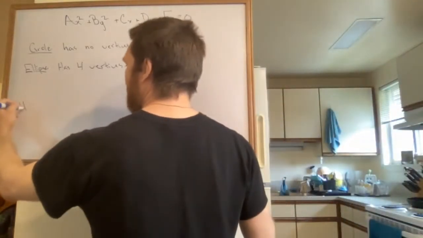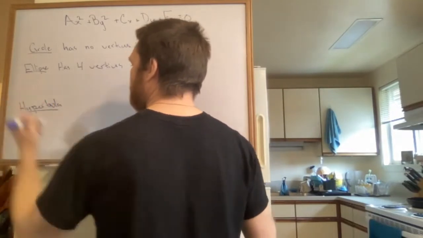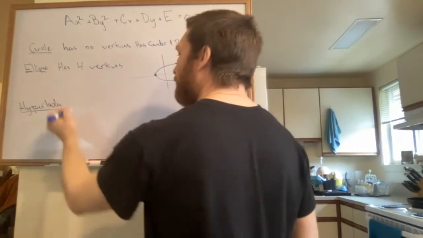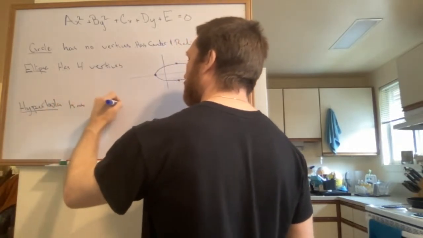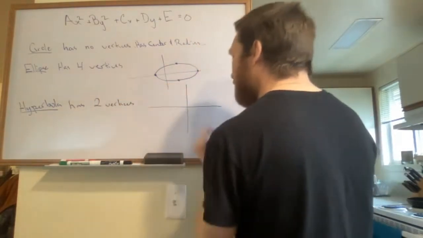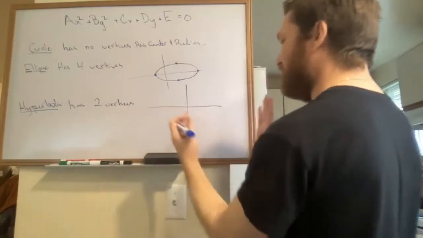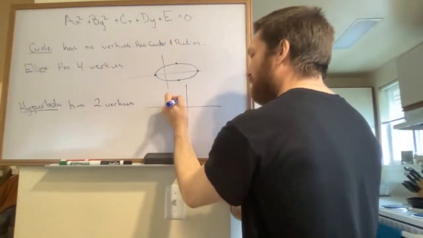Okay, a hyperbola. A hyperbola has two vertices. And depending on the type of hyperbola, and I'm even going to shift this one so that we don't think about it as just one static thing.